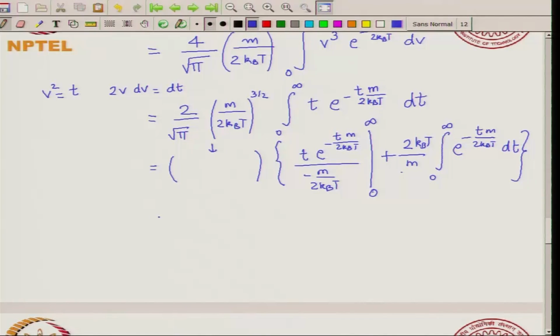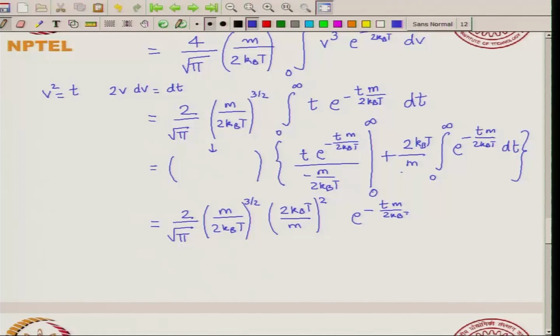So, I will just write it out right now. 2 by root pi, and I have m by 2 kBT raised to 3 by 2, and I have 2 kBT by m whole square, and then the second square came from doing this integral, and I have e to the minus t m by 2 kBT, but there was a minus sign, so the limits are actually infinity to 0.